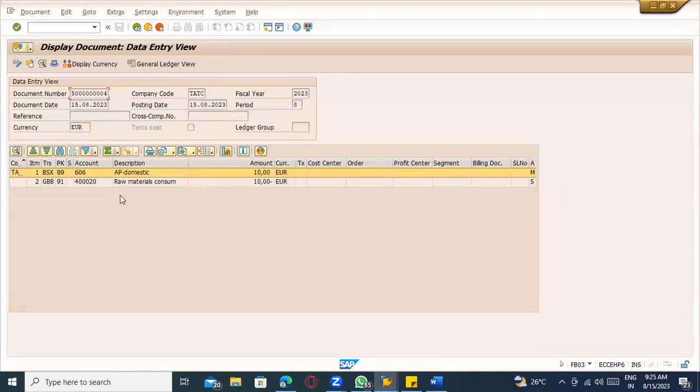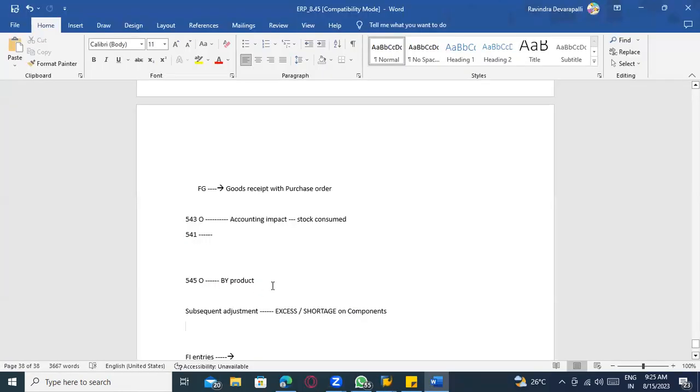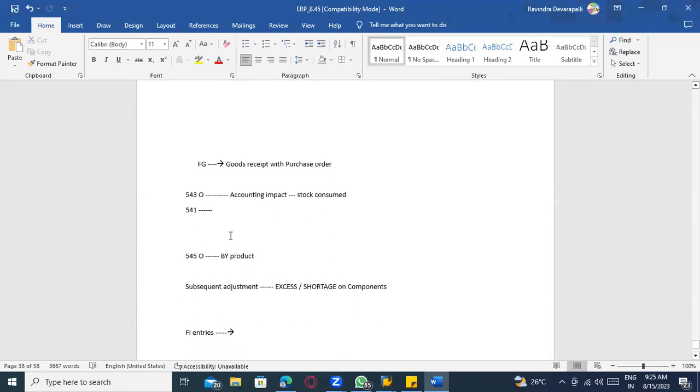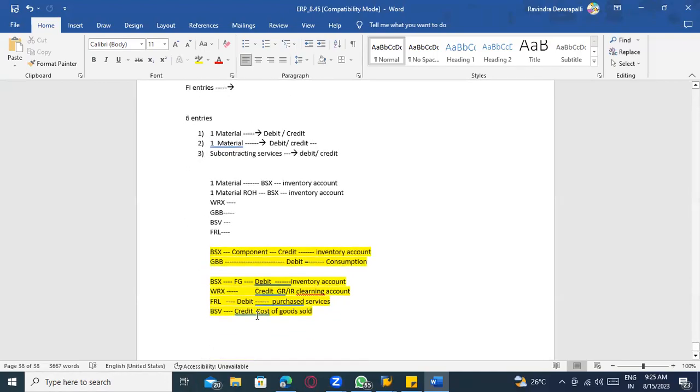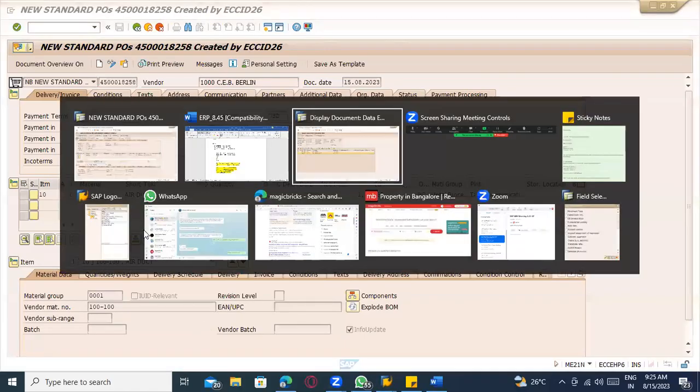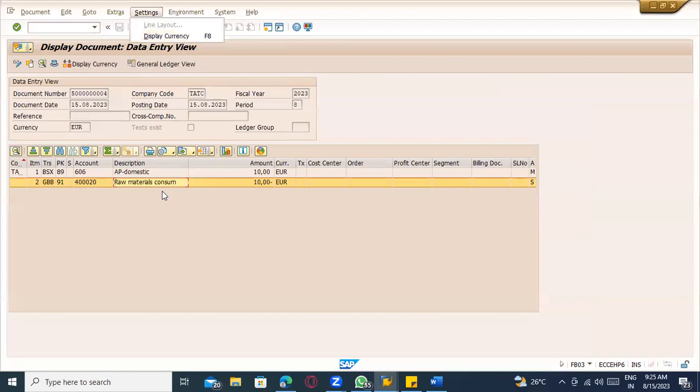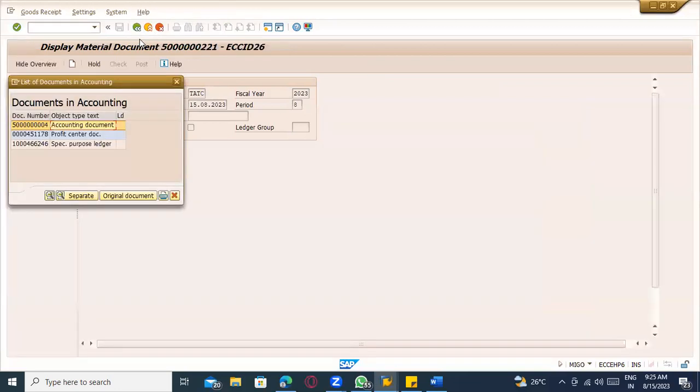So this is the way we can do it for excess quantity and shortage quantity also.